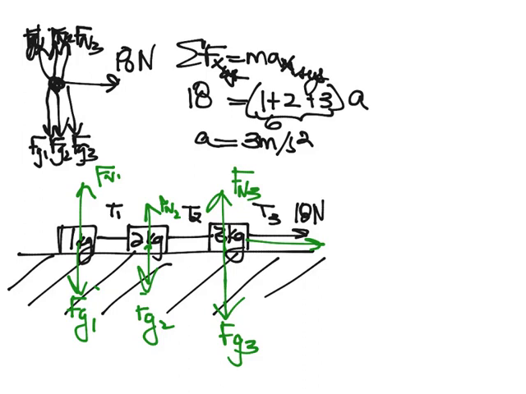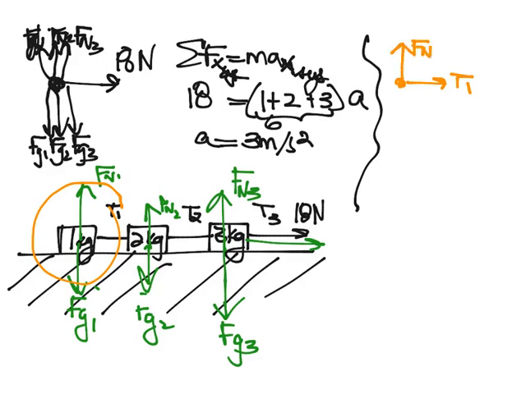Okay, now we want to know T1, T2, and T3. I'm going to solve for T1 first. And in solving for T1, I'm only going to worry about the 1 kilogram mass. Okay, so I'm going to draw my force body diagram. I have T1 is now an external force, Fn, and Fg.